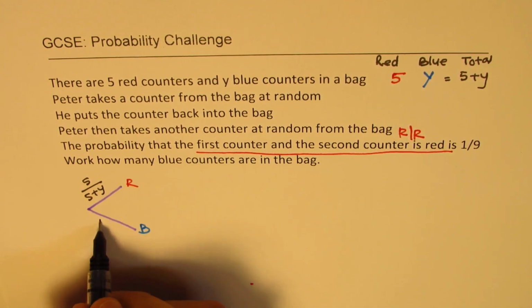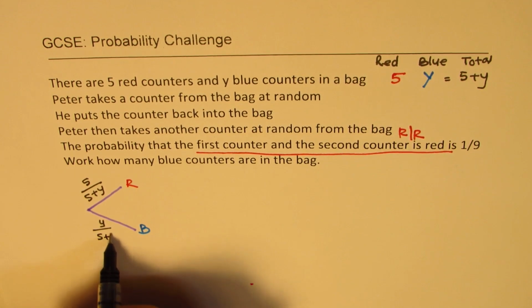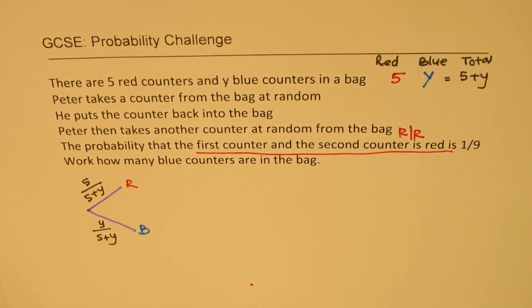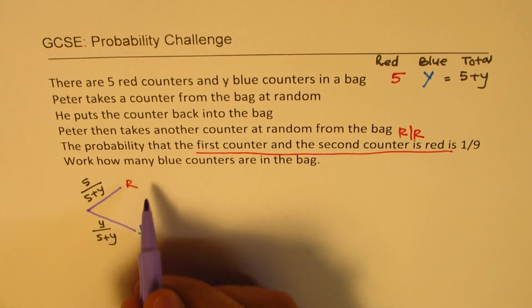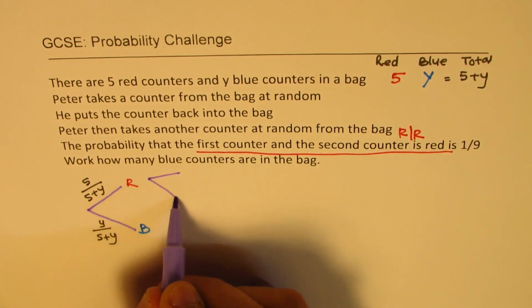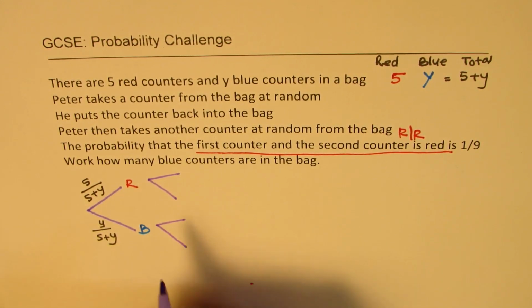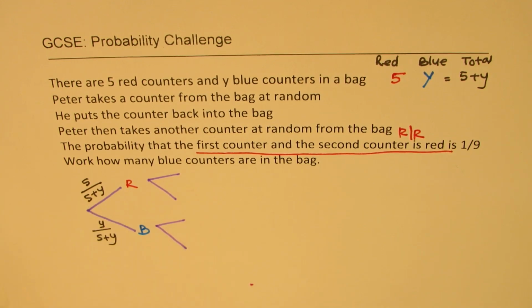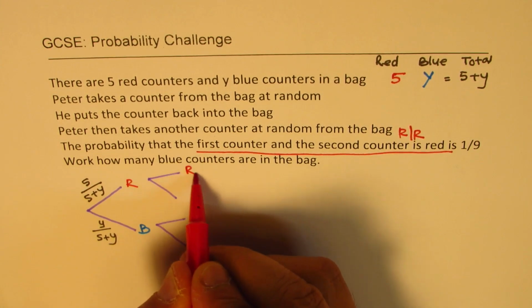As far as blue is concerned, it is y over 5 plus y, correct? And now again, when we take out with replacement, so this is with replacement, correct? So total remains the same. So whatever you took has been placed back into the bag. Perfect. Now again, when you take out, it could be red or blue, right?